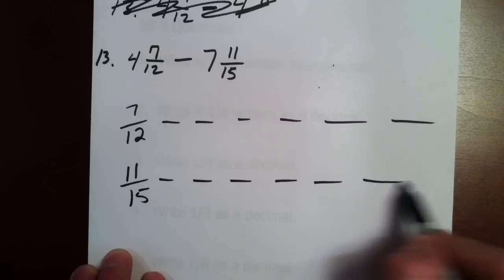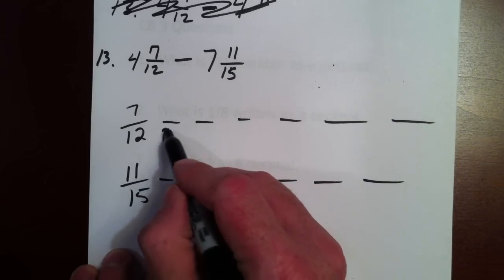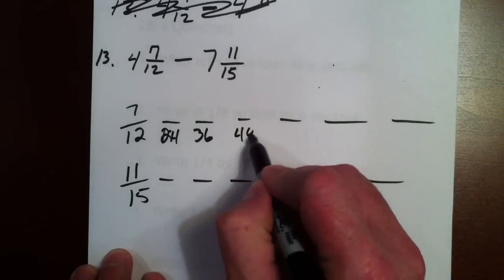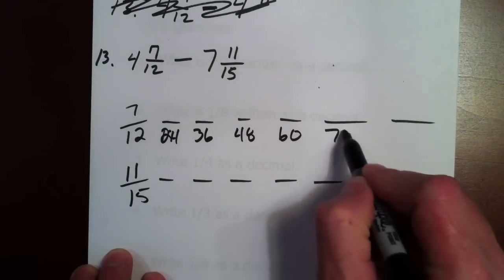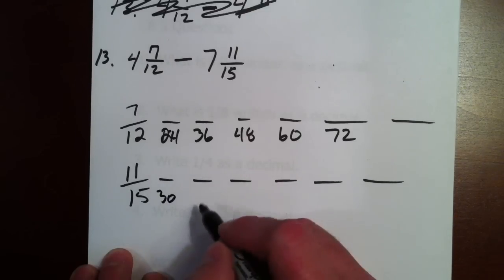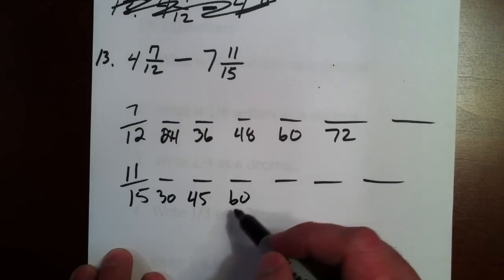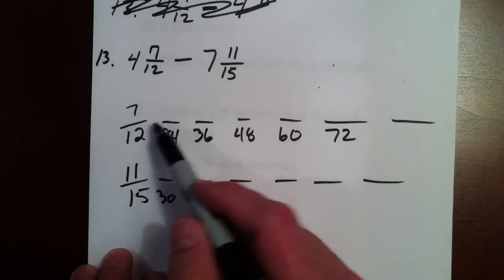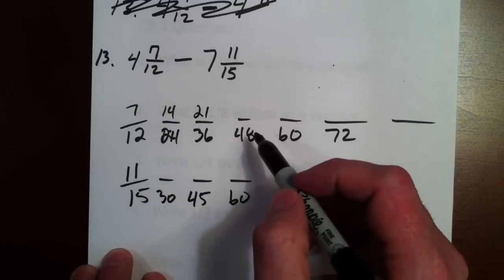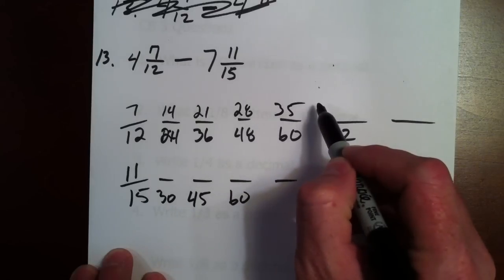We have multiple steps. We have 12, 24, 36, 48, 60, 72. Well, let's keep going. I got 15, 30, 45, 60. Oh, I found it. Here we go. So let's just go ahead and do our multiples of 7. I got 14, 21, 28, and 35.